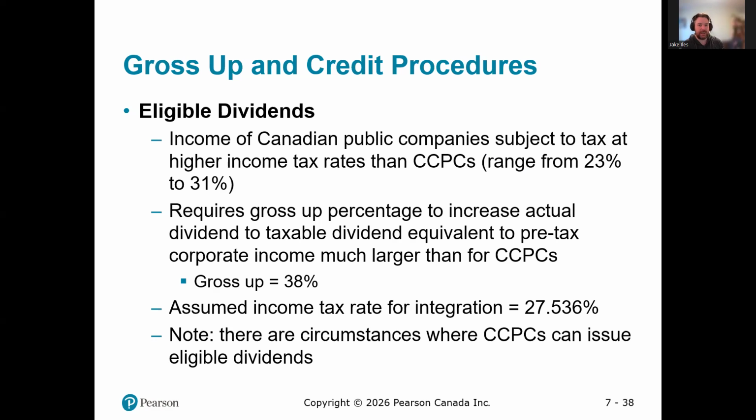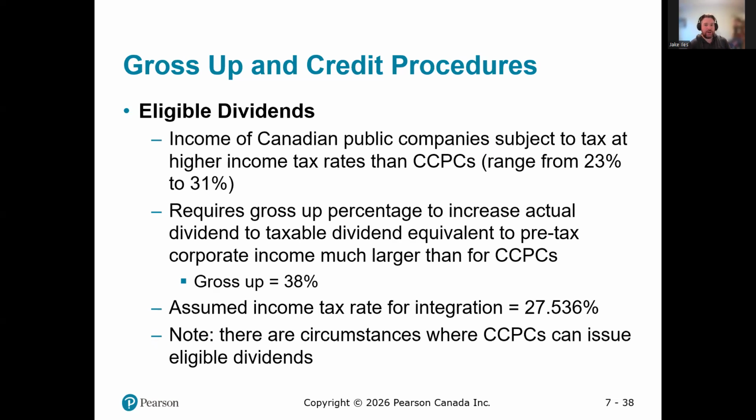A small business in Ontario pays a tax rate of about 12%, but a public company, a general corporation, would pay the general rate of roughly 27%. So we have these two very different tax rates. Eligible dividends are dividends that are paid out of a higher tax rate corporation. Corporate income that paid a high tax rate, or the general rate, is paid out as eligible dividends.